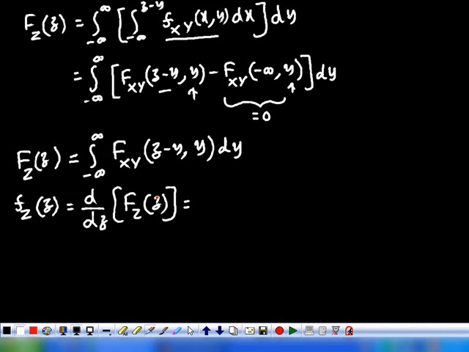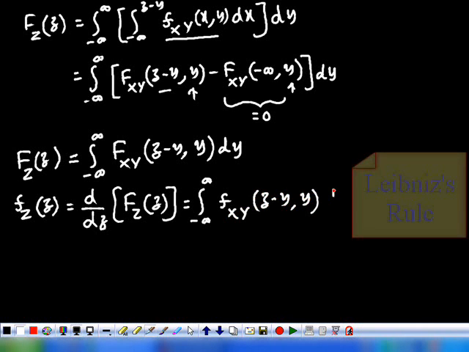Then you substitute this integral here, change the order of integration and differentiation, bringing the differentiation inside the integral. Then you can write it as minus infinity to plus infinity, the derivative of the inner one, z minus y comma y, with respect to z, which is 1.